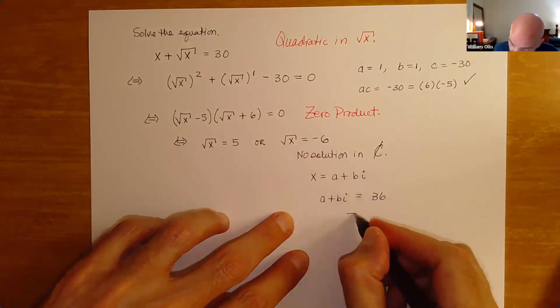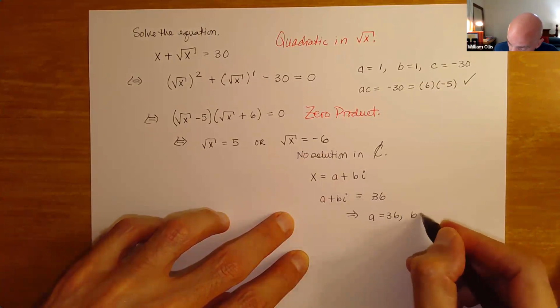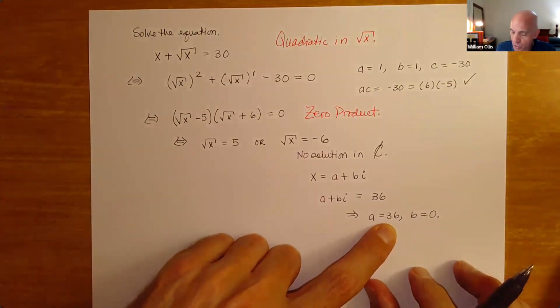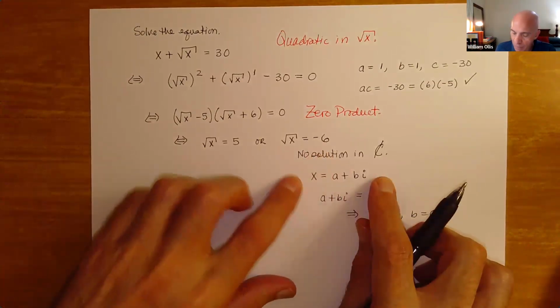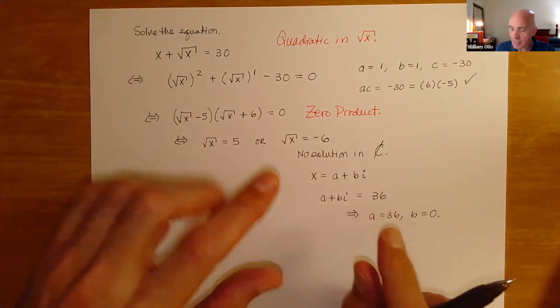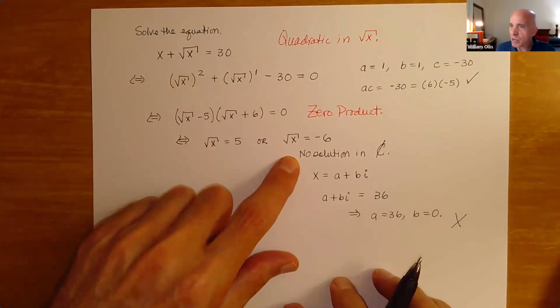So this implies that A equals 36 and B is 0. But that's it. The square root of 36 does not equal -6. So even if we thought of x being complex, in the sense that it has a real and imaginary part, it still doesn't work. So there is no solution here.